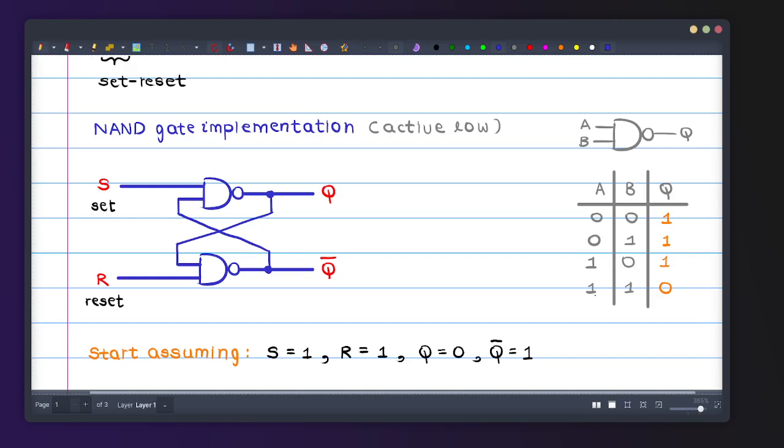Then finally you have 1 and 1, which is 1, but it's inverted, which means it's 0. So altogether, this is basically the truth table of the AND gate, but the final output is inverted, with 3 1s and a 0 at the end.